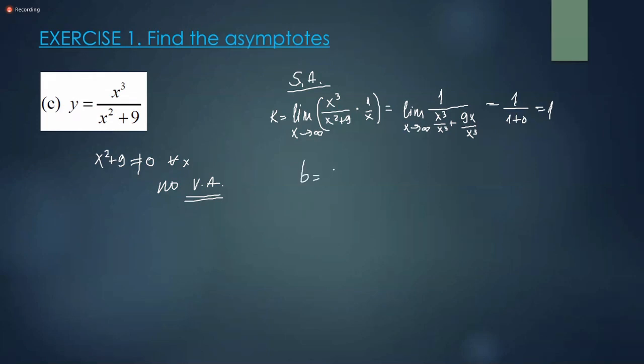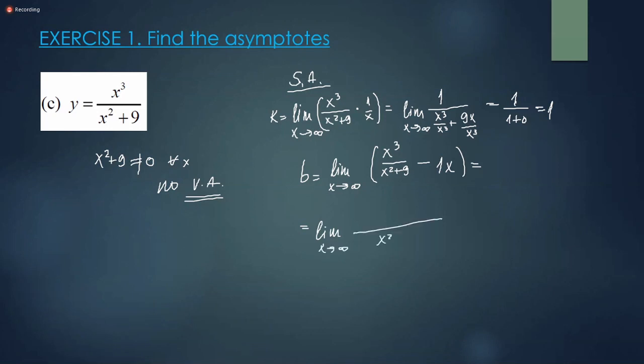Now, b is the limit again when x tends to infinity of the function as it is, without division now, minus 1 times x, kx. So to bring everything to the same denominator, we need to find the common denominator, which is of course x squared plus 9, x cubed minus the extra factor.